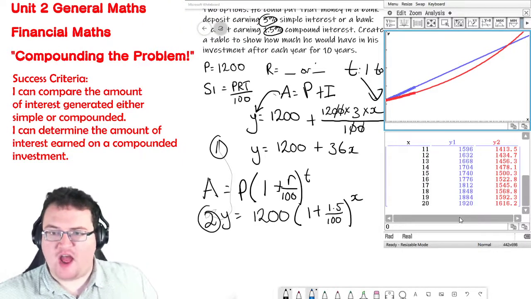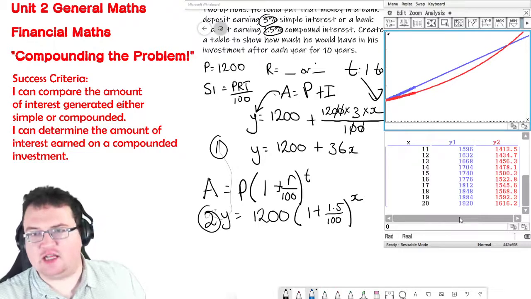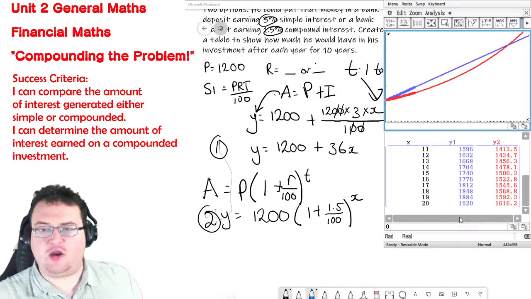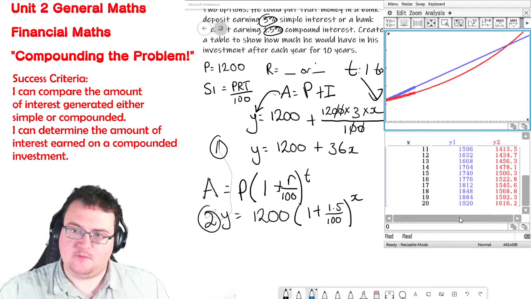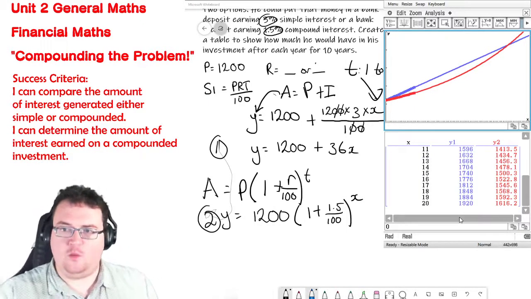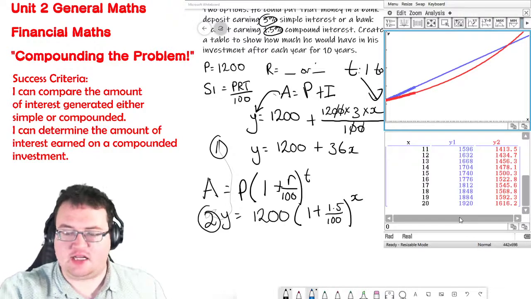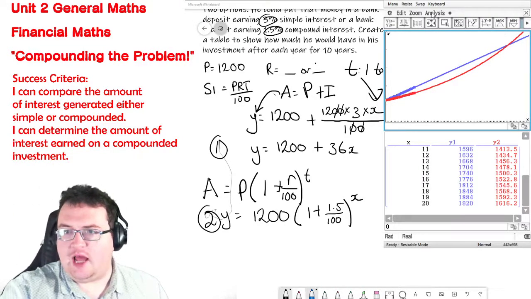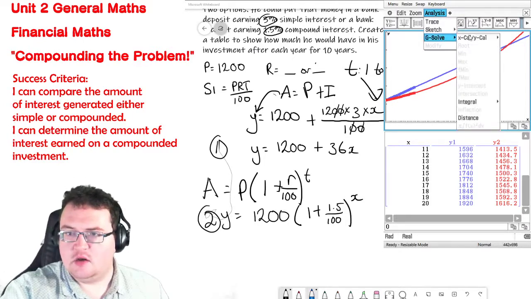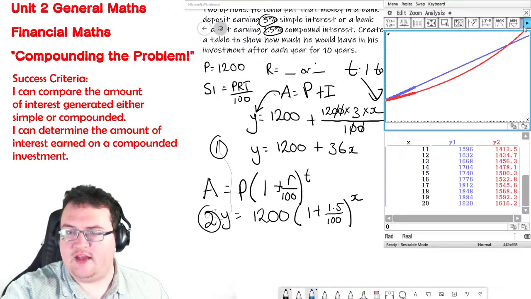I have now graphed my compound interest equation against my simple interest equation, and I can now see that there is a point. There is actually a point where the compound interest account takes over for the simple interest account. And using our CAS, we can actually find where they intersect.